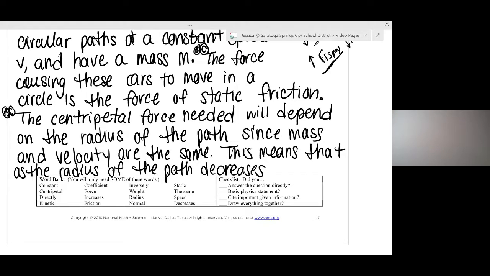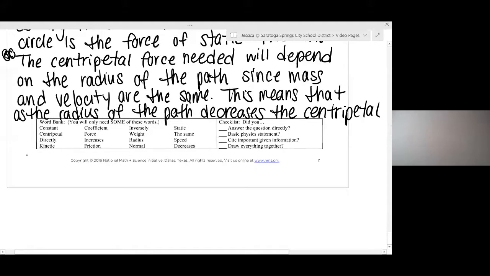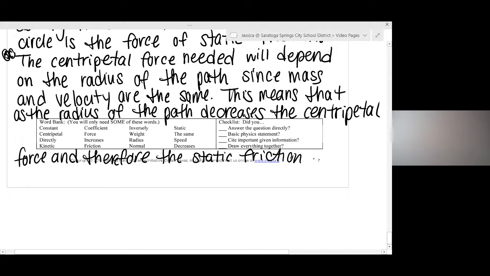So this means that as the radius of the path decreases, the centripetal force and therefore the static friction force will need to increase.